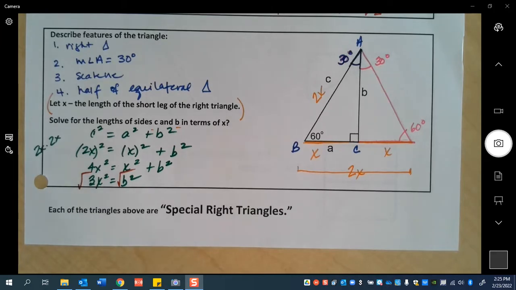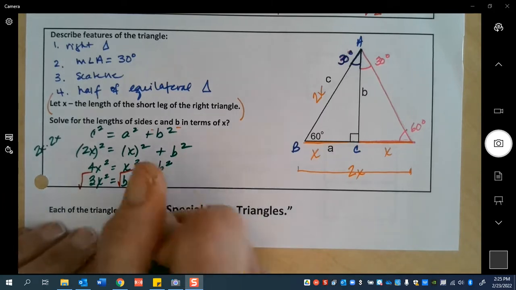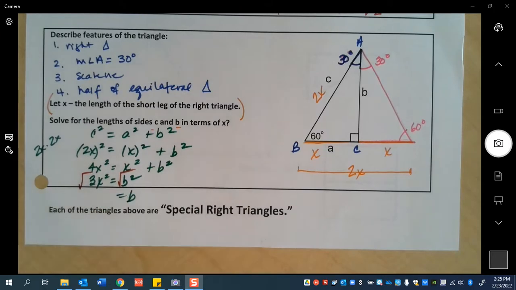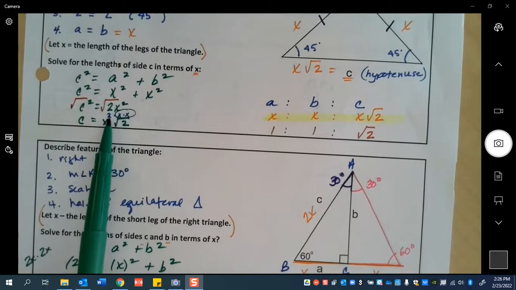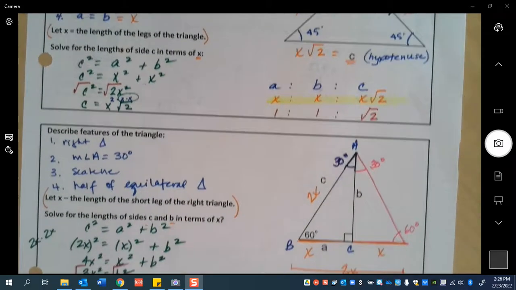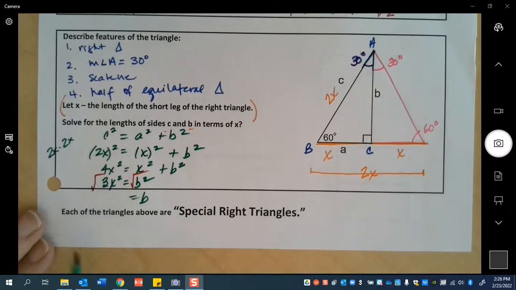How did you get the 4x? 2x times 2x is equal to 4x squared. So the square root of anything squared is equal to that thing, so I end up with b. And just like up on my top one, if I have a 2 and an x and x, what can come out of the radical sign here?